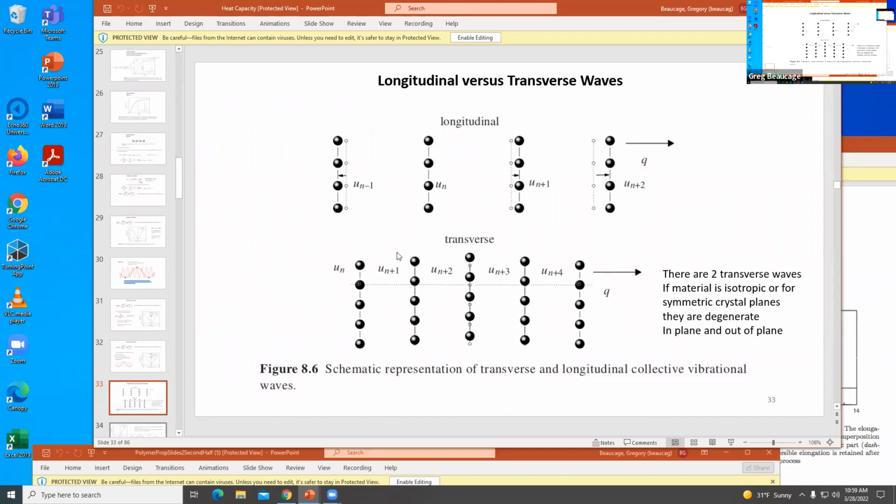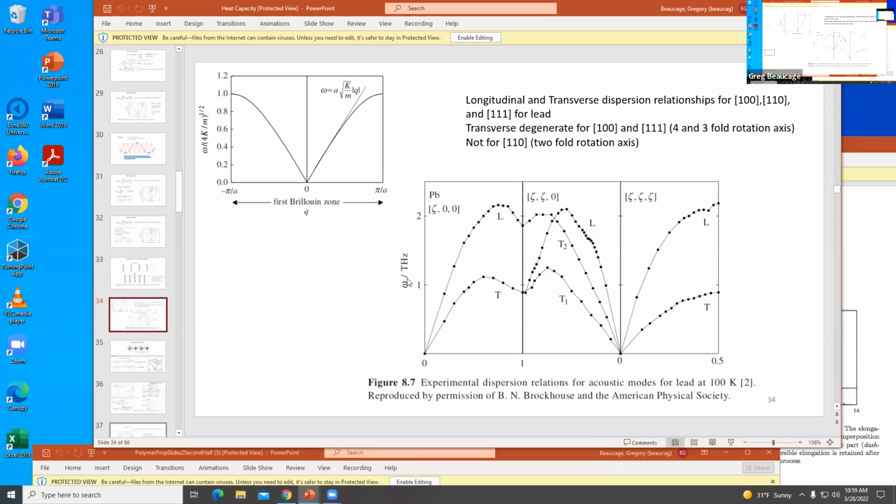Sound waves are usually longitudinal: density compression, then expansion. But you can also have a transverse vibration in a crystal, and those two have different behaviors in heat capacity. You pick up the vibrations for heat capacity, and you can measure them as longitudinal and transverse.